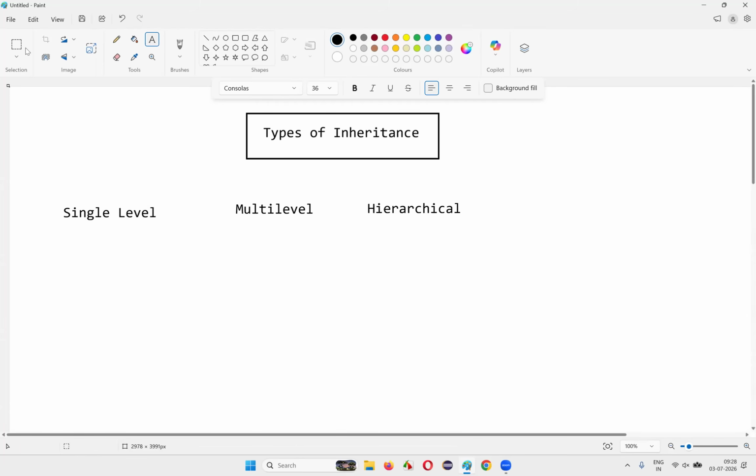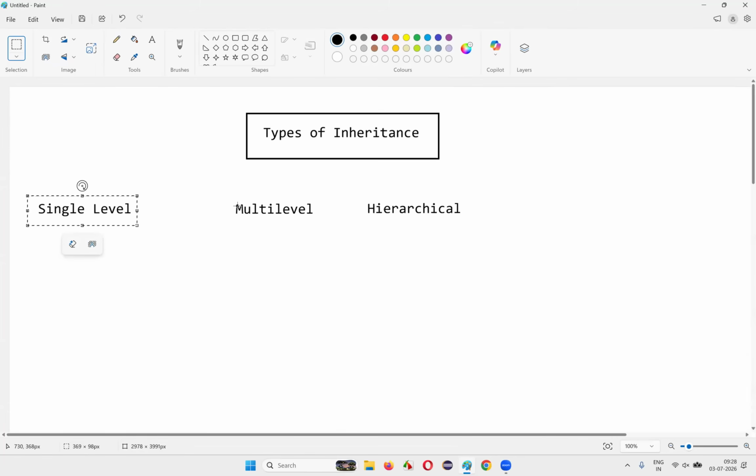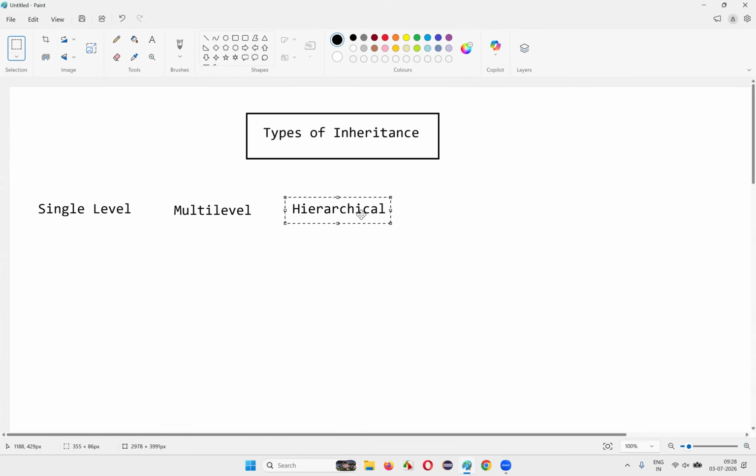Then let me adjust them. First one is single level inheritance. Second one is multi-level inheritance. Total we have five types, guys. Third one is hierarchical.